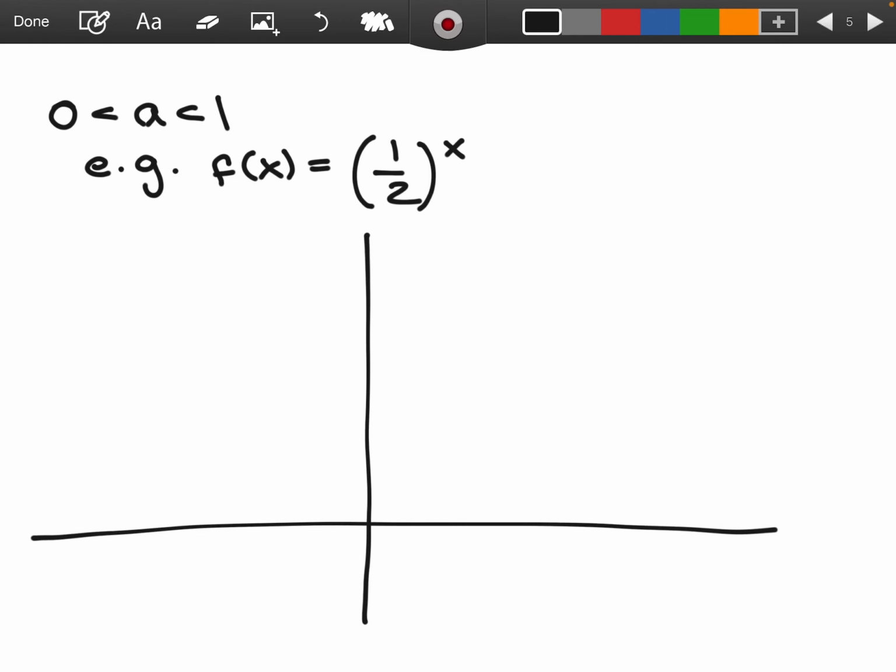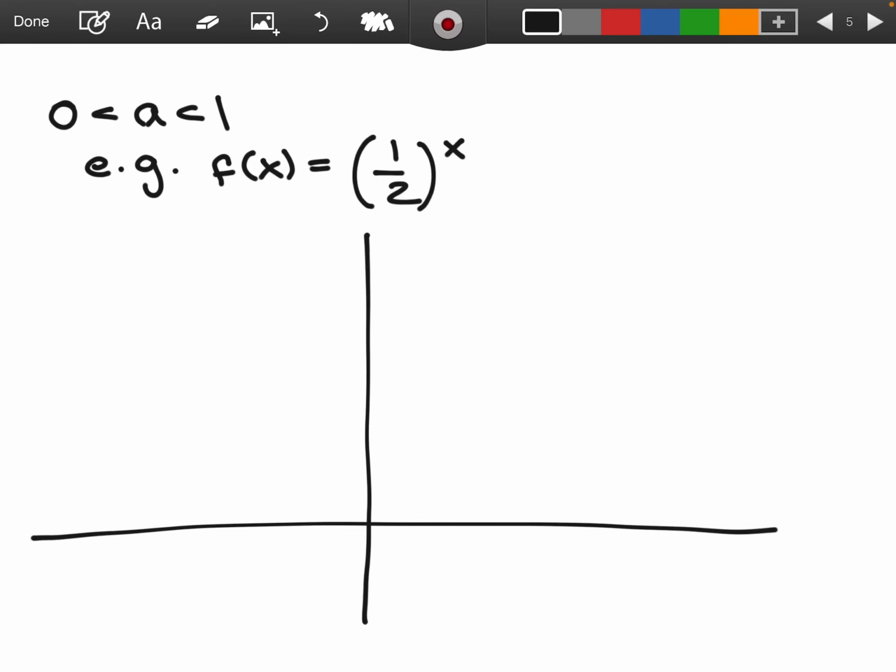So as x gets larger and larger and larger and goes towards infinity, I know that I'm going to go towards 0 because my fraction gets smaller and smaller. What happens as I go towards negative infinity? Well, remember, if I ever have a negative power, all it's going to do is flip the fraction.